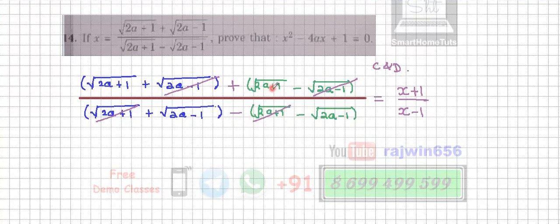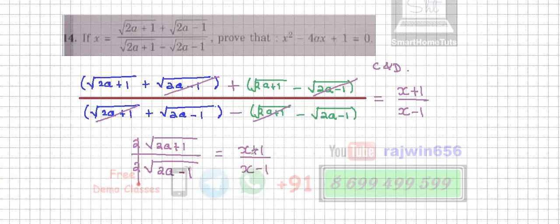This and this are the like terms. So this part is going to become 2 square root of 2a plus 1 divided by, these both are the like terms, so this is going to become added, it's going to become square root of 2a minus 1. This is equal to x plus 1 upon x minus 1.